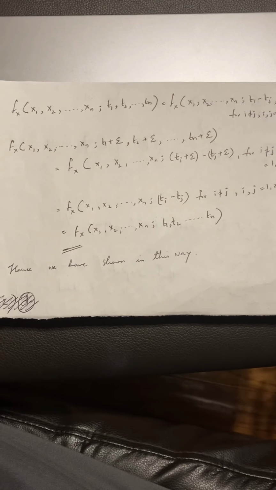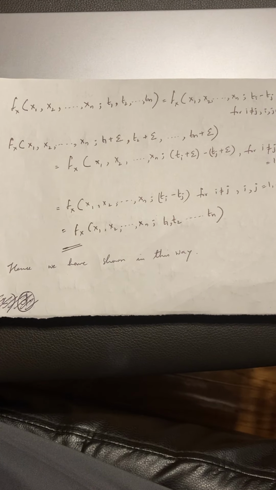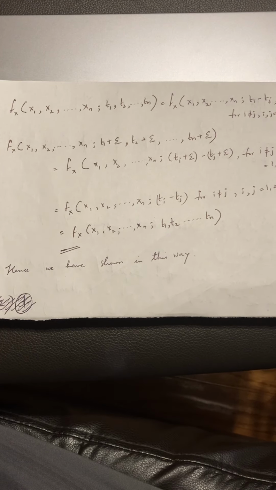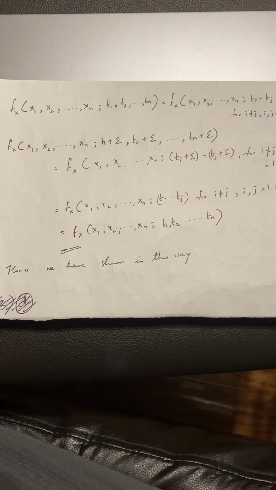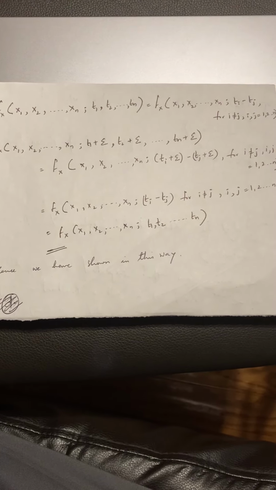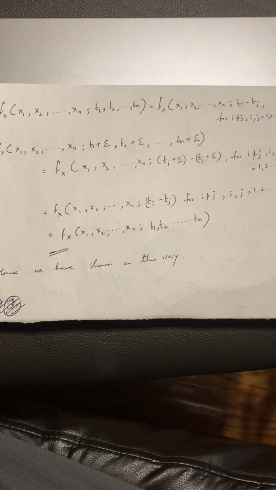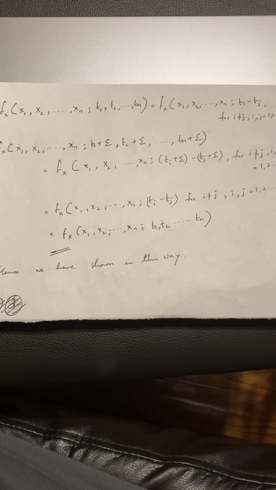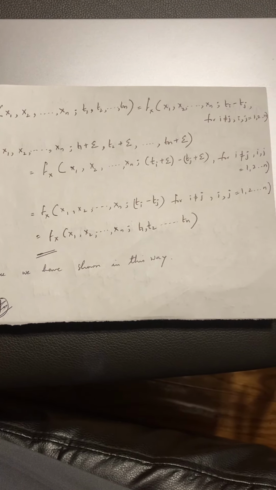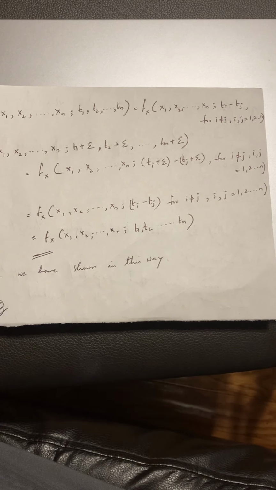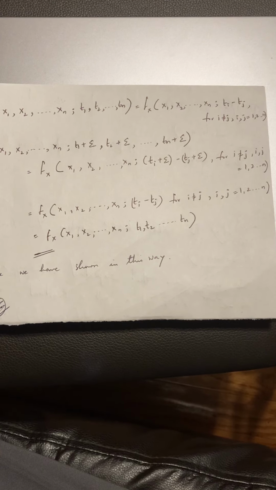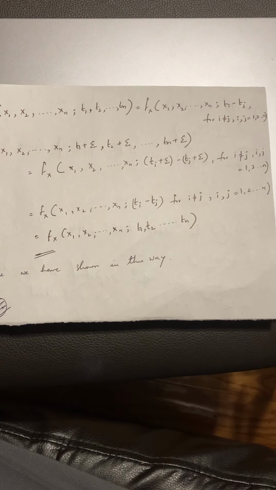So fX(x1, x2, and so on up to xn) for time instances t1 plus epsilon, t2 plus epsilon, and so on up to tn plus epsilon can be rewritten as the density function of x1, x2, and so on up to xn for time instances ti plus epsilon minus tj plus epsilon, where i is not equal to j and i, j can take any values from 1, 2, and so on up to n.